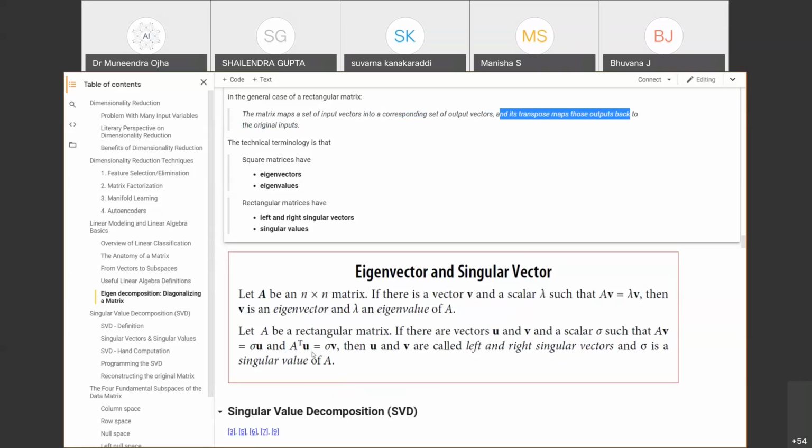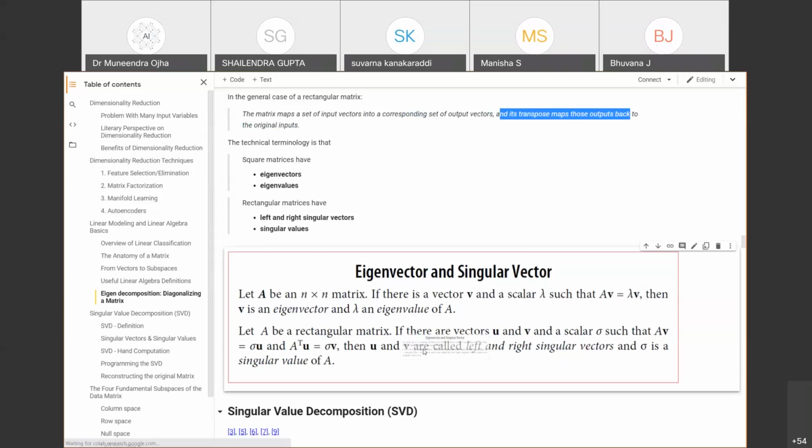So A transpose u is equal to sigma v. Then u and v are called left and right singular vectors, and sigma is a singular value of A.